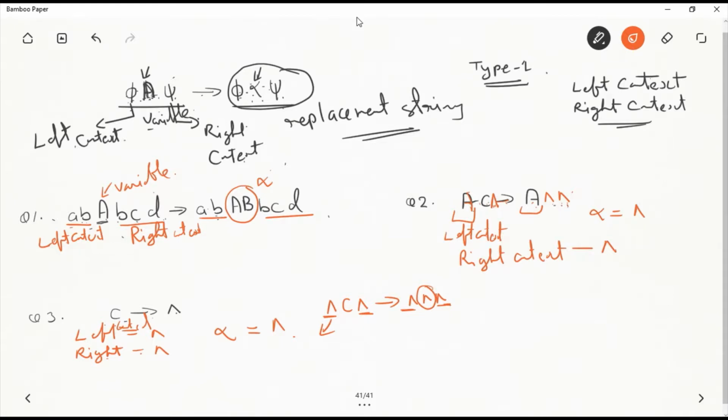Sir, A is terminal or variable? देखिए, जो कन्वेंशन फॉलो होता है वो आपको पहले भी बताया है। टर्मिनल के लिए इस तरह के स्मॉल केस लेटर हम यूज करते हैं, ठीक है। नॉन टर्मिनल की जब भी बात करते हैं तो कैपिटल लेटर्स यूज करते हैं। ओके, सो AC is rewritten as what? A. फाइन। तो यहाँ कॉमन दिख रहा है ना, ये आपका लेफ्ट कंटेक्स्ट मैच कर रहे हैं। राइट कंटेक्स्ट की बात करें तो वो नल एप्सिलॉन। और अगर बीच की बात करें जो C रिप्लेस कर रहा है, वेरिएबल C replaced by alpha, that is also null. क्लियर है?